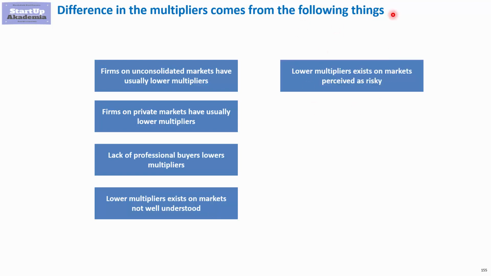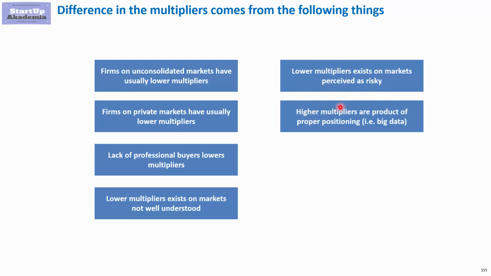Now, lower multipliers exist also on markets perceived as risky. So if you buy something in a region that is perceived as risky, most likely you have to pay less. On the other hand, a higher multiplier may be a product of proper positioning. So on the investment market, you will have also some sort of fads. So certain terms, certain categories become popular and then obviously the popularity goes down.